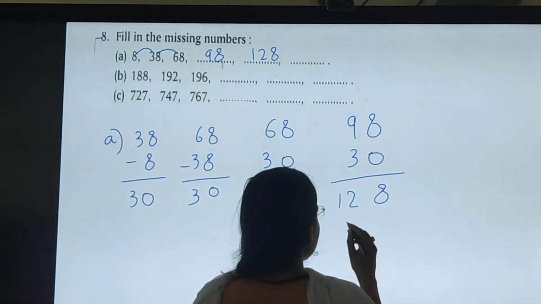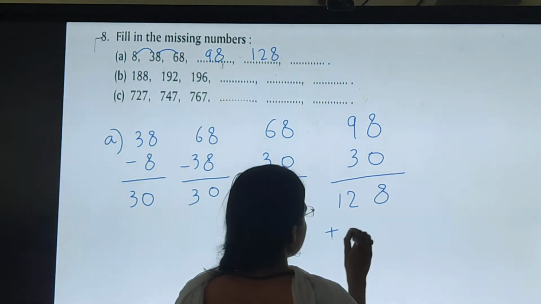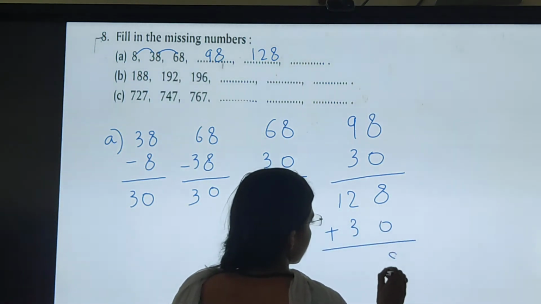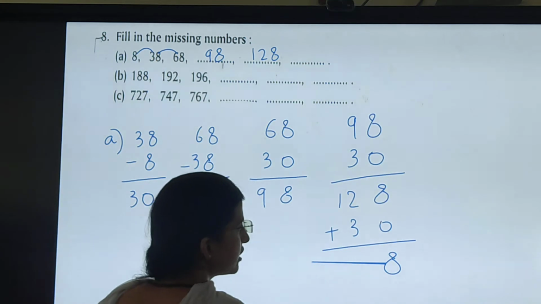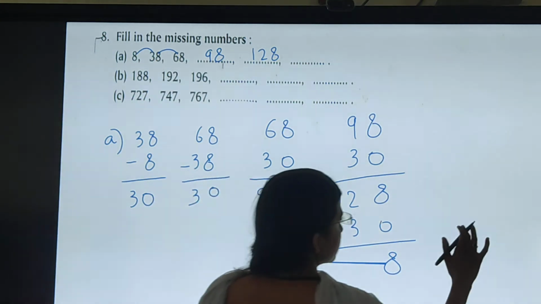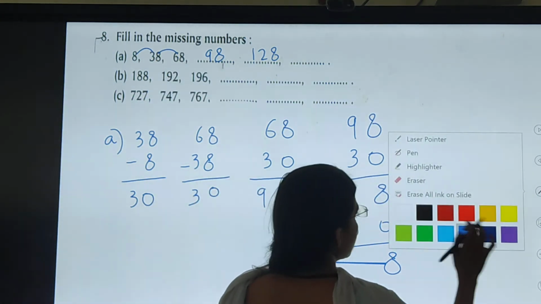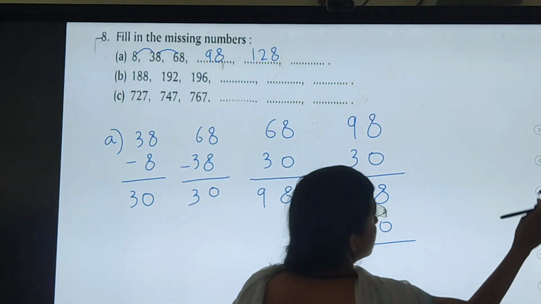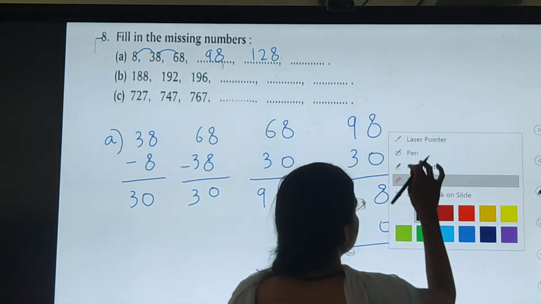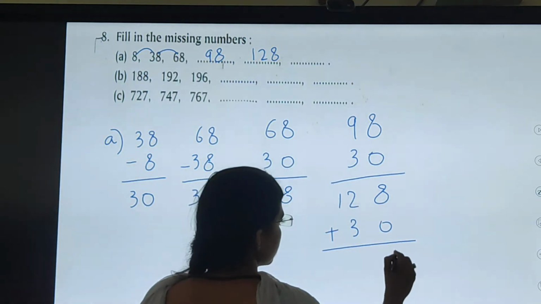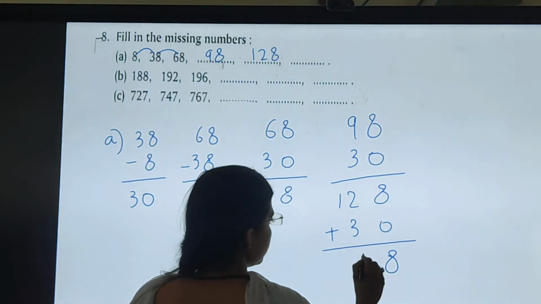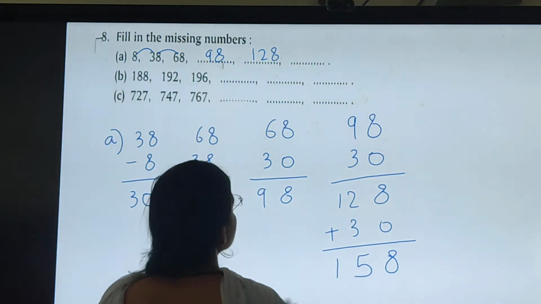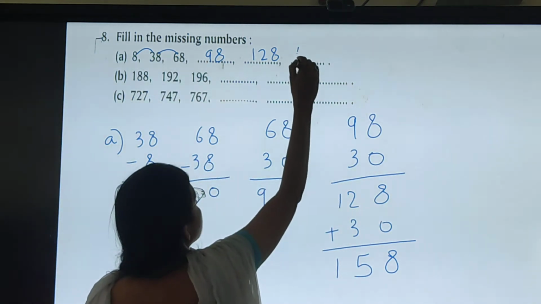Then 128 plus 30. 8. 3 plus 2, 5. Come on, you are getting time to solve this. You can solve. Three plus 2, 5. Then 1 as it is. So, I will get 158.